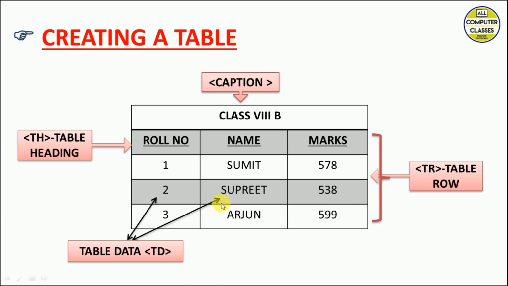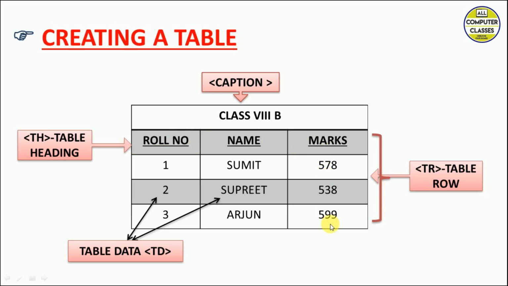So for example, this table is in front of you. This is telling the marks of students, right? Having rows and columns. So the first thing that is there in the table is class 8th B. This is the caption, right? For giving this portion in the table, we will be using caption tag, right? Then comes this first row.